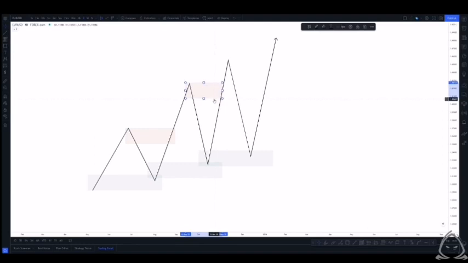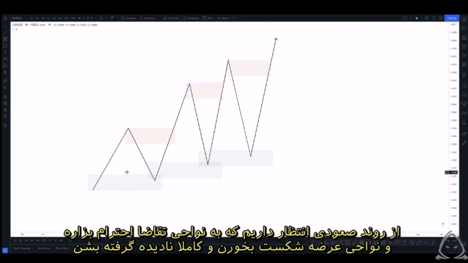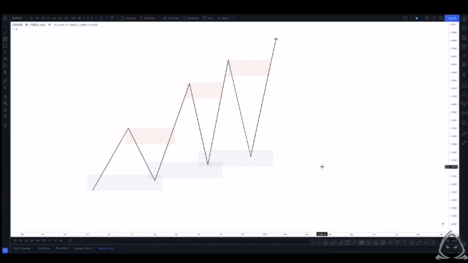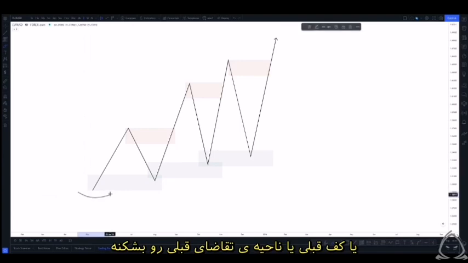So when we add in the concept of protected and targeted swing highs and lows, what we're expecting in an uptrend is that demand zones are going to get respected and that supply zones are going to fail and be totally disregarded. Using that understanding, we see quite clearly that this supply zone failed to break any bit of structure or take out the previous low or previous demand zone.